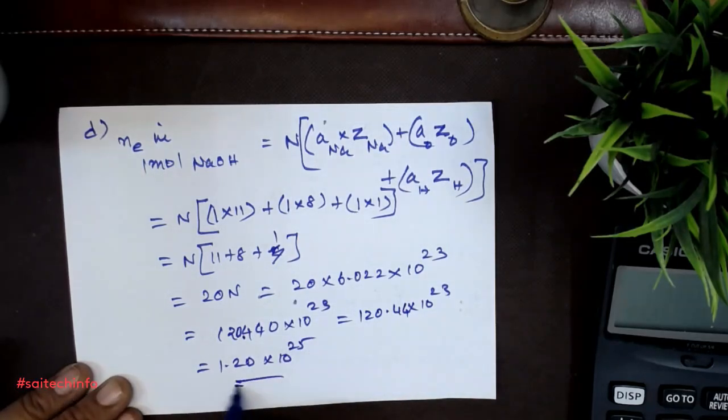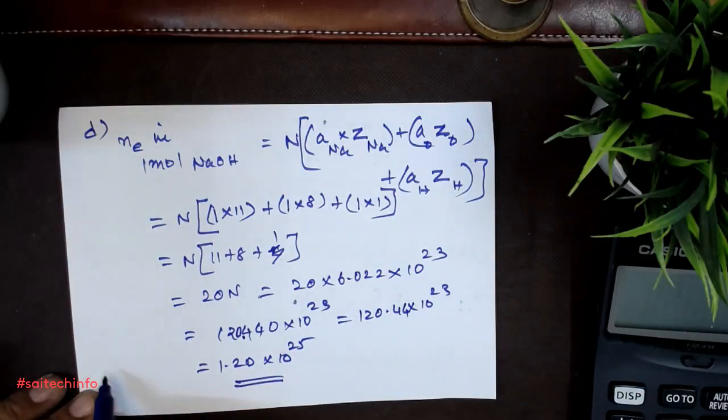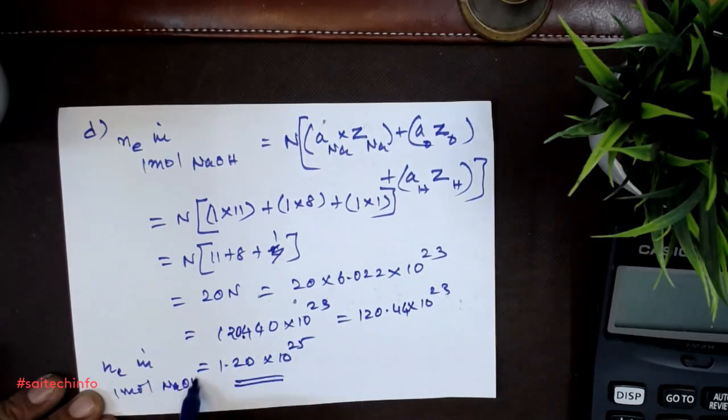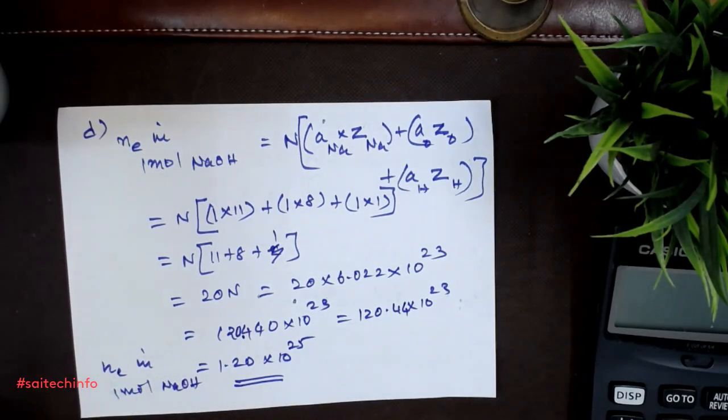So this much electrons are present in 1 mole of sodium hydroxide. Are you able to follow this?